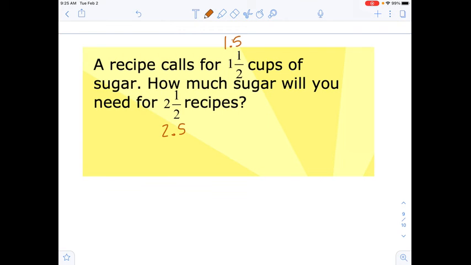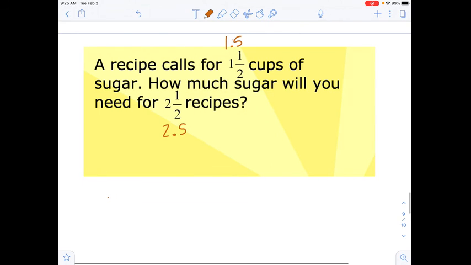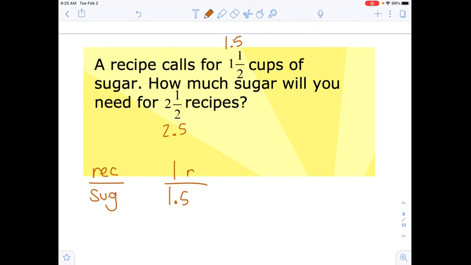So one recipe calls for 1.5 cups of sugar. So if I do recipe over sugar, I'm going to do one recipe over 1.5 cups of sugar. And I'll do C for cups.